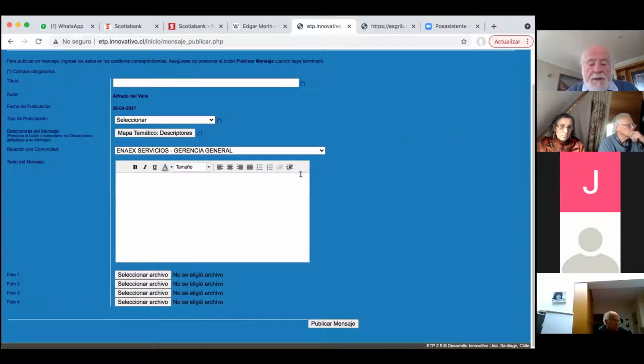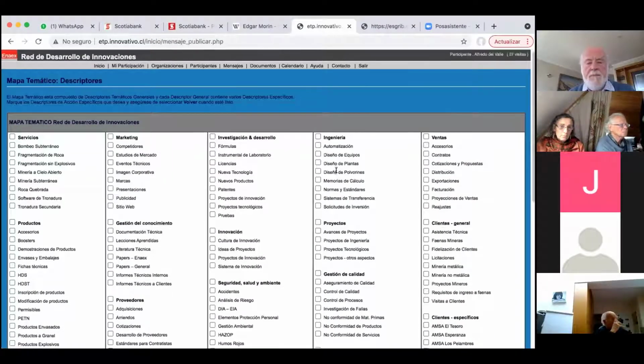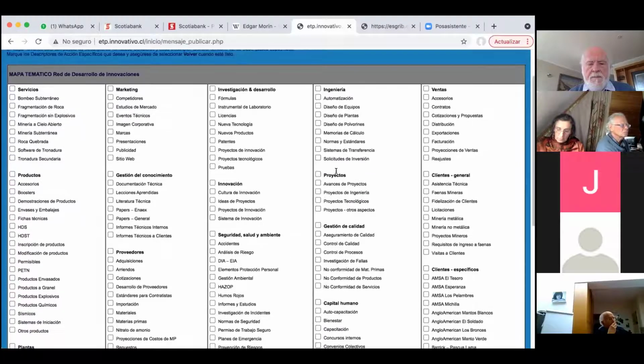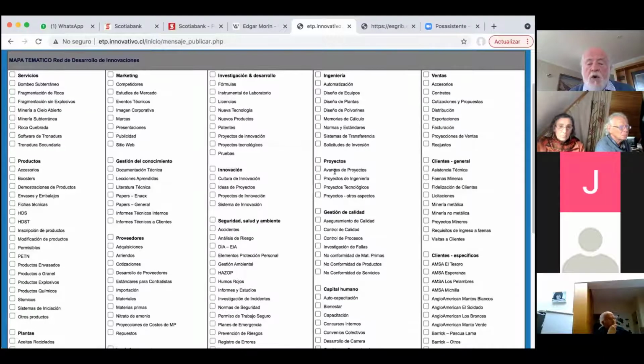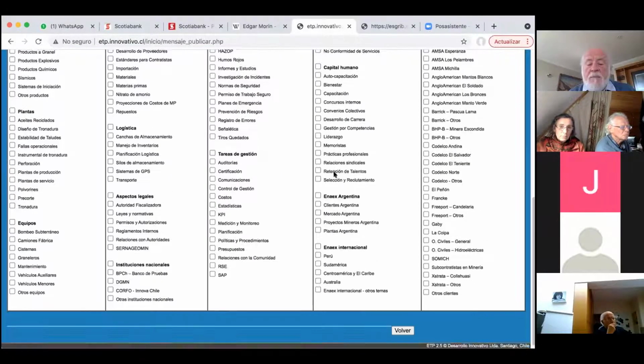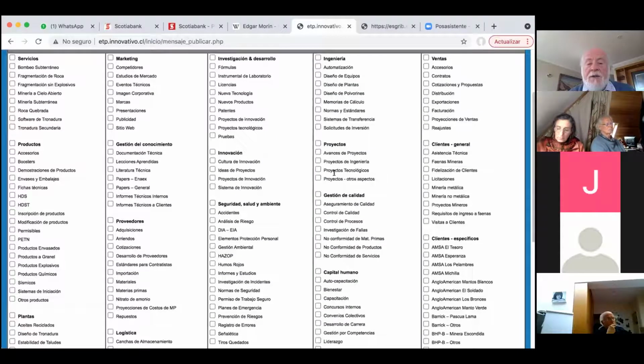And this is the main point. We choose something from the theme map. The theme map is the verbal tool inside here. You see it there. All the topics, the themes about which people at this company talk are mapped here.